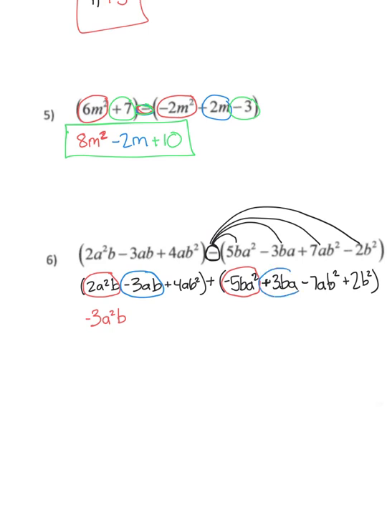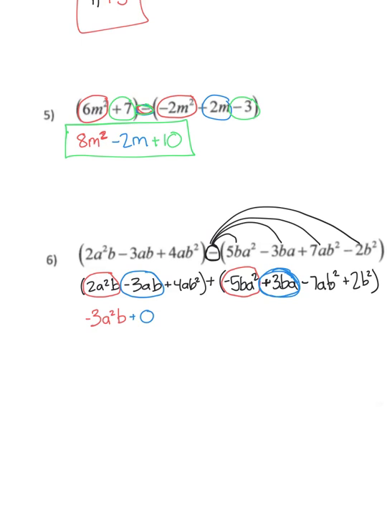Here I have a ba, a to the first, b to the first. Again, it doesn't matter the order because I can multiply in any order and I'm going to get the same answer. So that's why those can be switched around. So now I have negative 3 plus 3. Well, that turns to 0. So that would be plus 0.